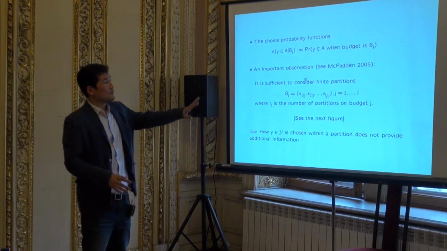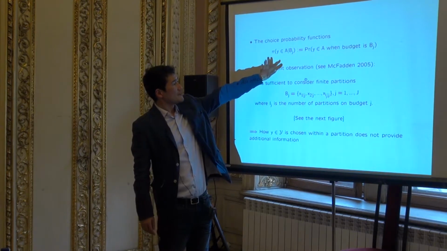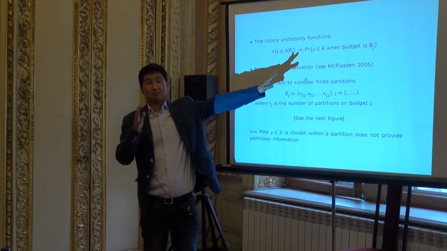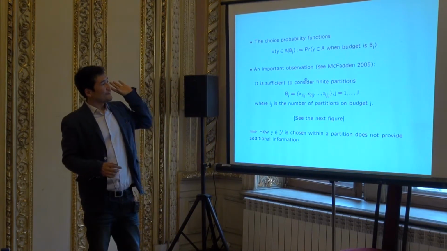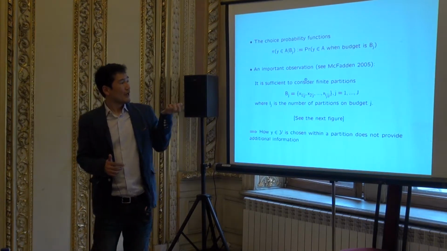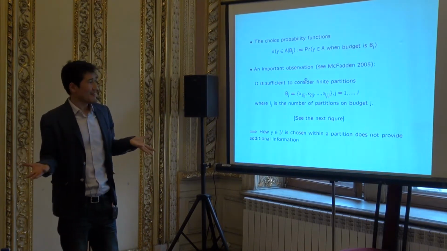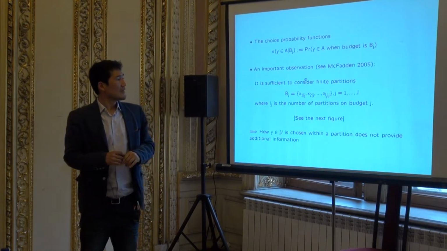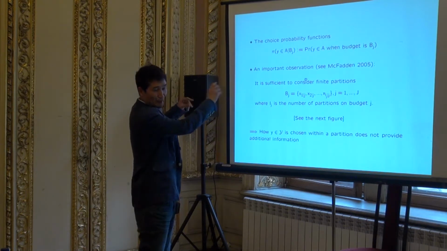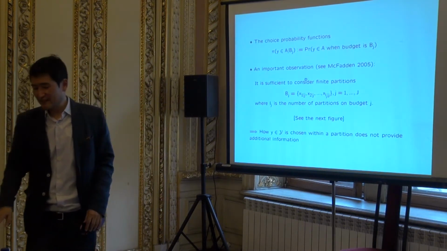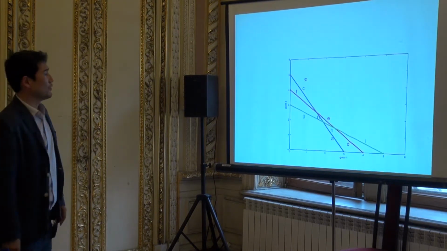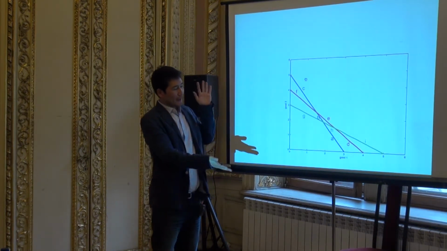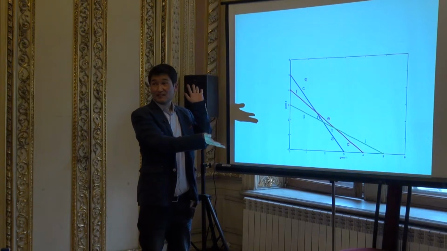Okay, as I said before, this is what the econometrician observes: y in A when the budget set is B_j. And a very important, neat observation, made by, I don't know who said it first, but at least it's in the McFadden 2005 paper, is easier to see in a picture, so here it is. This is the really standard revealed preference picture.